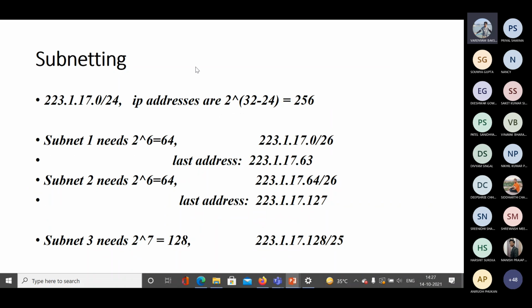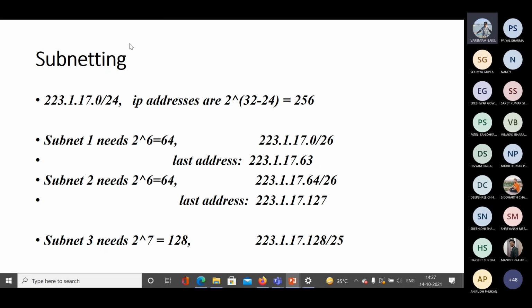Now, let's see how to do the subnetting. Here we have an IP address 223.1.17.0/24. Since it is .0, we can guess that it represents the organization's IP address, or the first address of this block. How many IP addresses can it have?